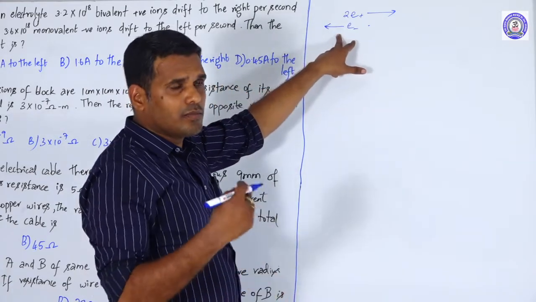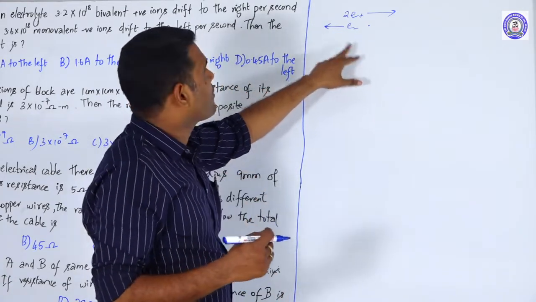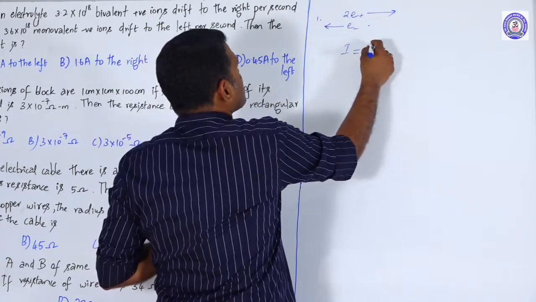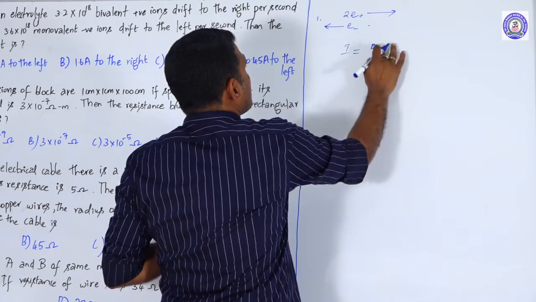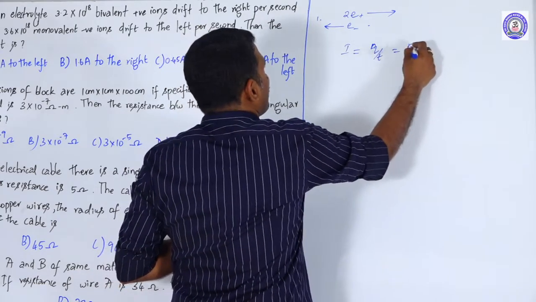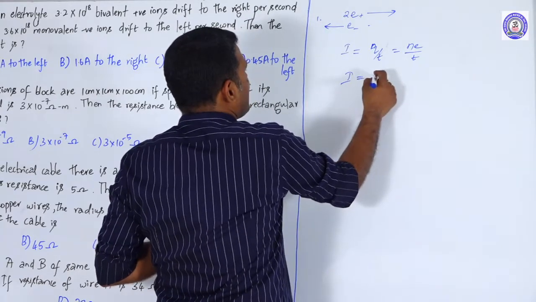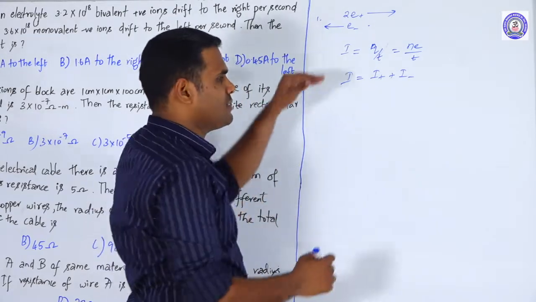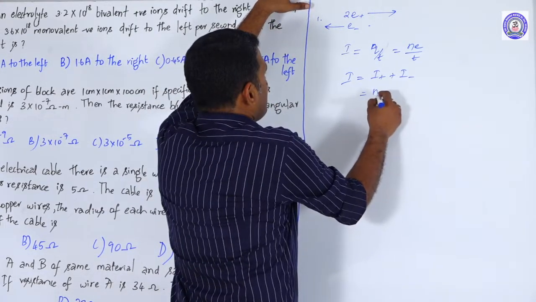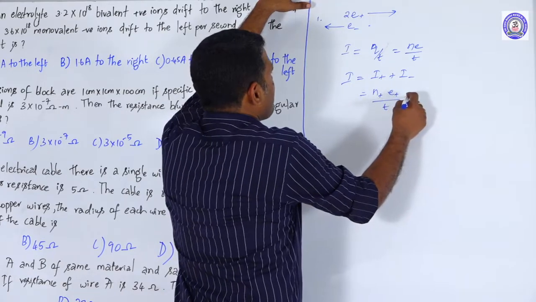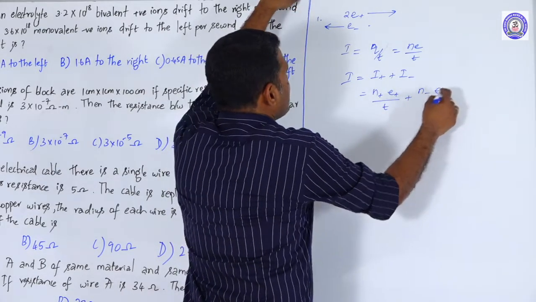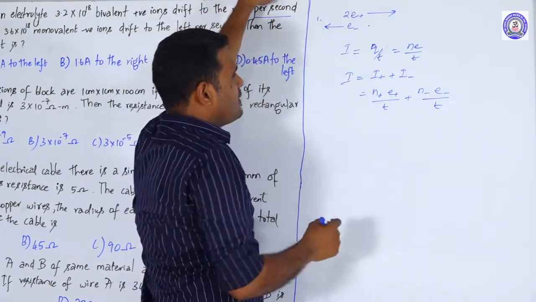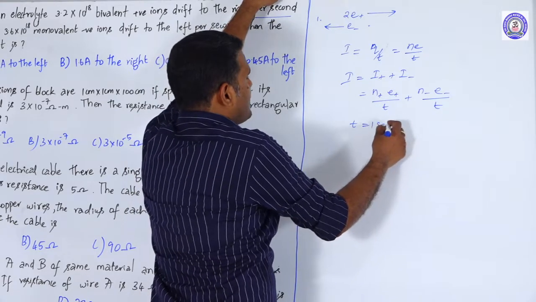Here we are speaking about the movement of charges in a liquid, right? So current flow must be calculated. I can say current I equals Q by t, which is Ne divided by t. The total current I is the sum of the current due to positive charges and the current due to negative charges. So I can write N+ e+ divided by t plus N− e− divided by t, and this is for per second, so time is 1 second.